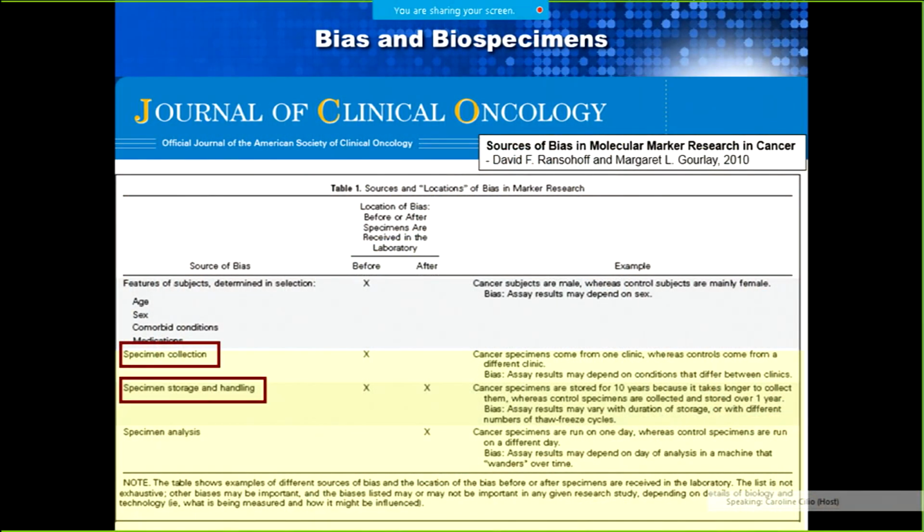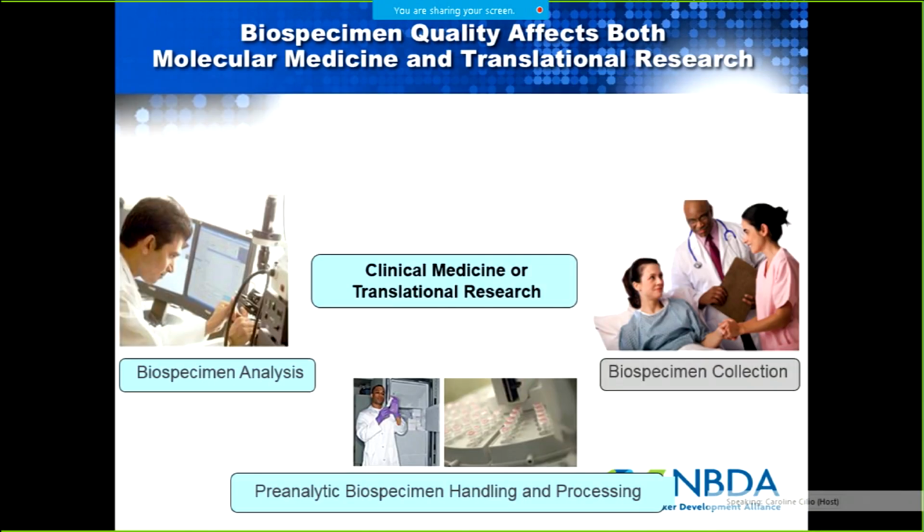Just to put everyone on the same page, it has long been known that specimen collection, handling, and processing are very much related to bias in the data, the quality of the data in any form of research.